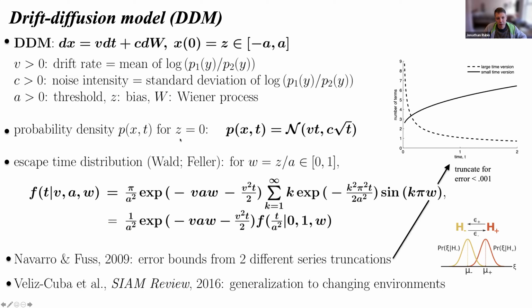If you start with no bias and just fix these parameters, you know that you get a normal distribution of positions, and from there you get this escape time distribution. That is the reaction time distribution, and you can look at its features at least up to some approximation.